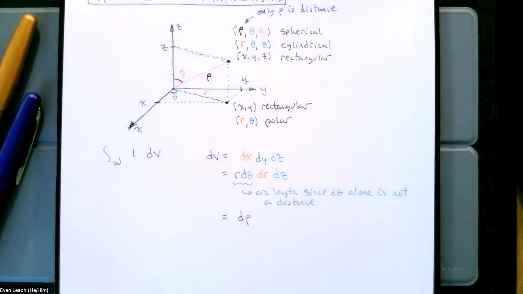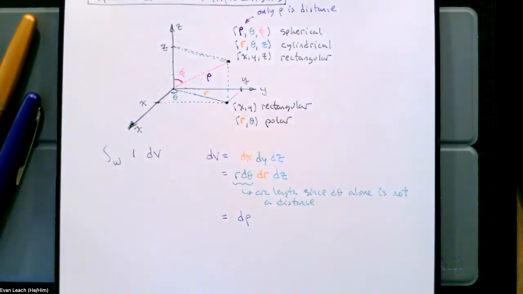The next easy one to convert is phi. Notice that if we have a d phi, phi is dropped down from the positive z-axis. If I draw a right triangle up there with phi, rho is the hypotenuse.